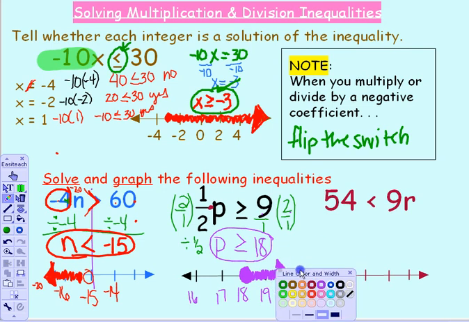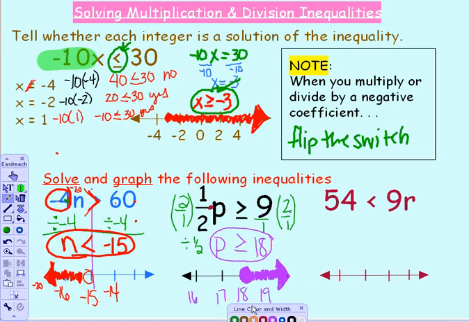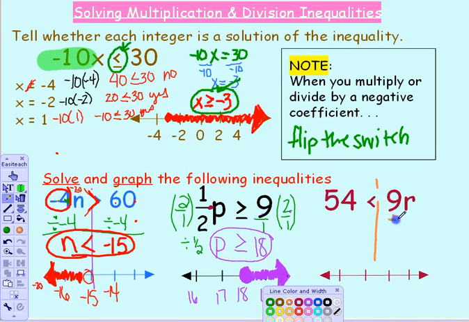In the last example, we've got 54 is less than 9r. So again, you can draw your line down your inequality. Inverse operations here, divide by 9. Okay, and we end up with 6 is less than r.